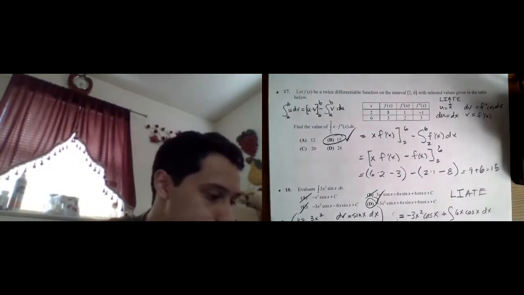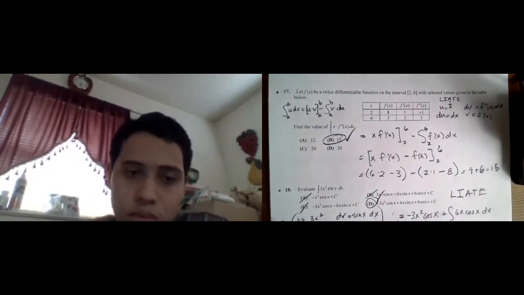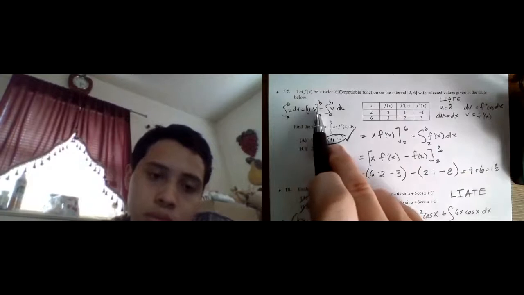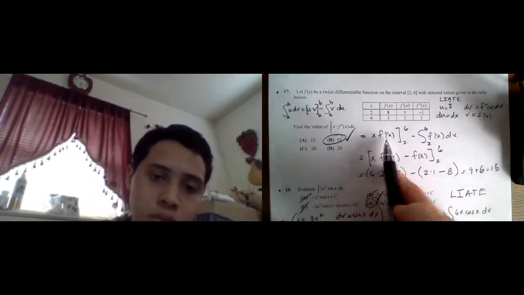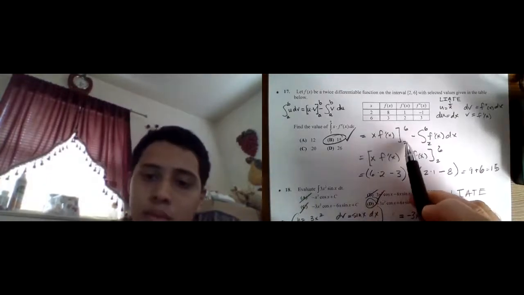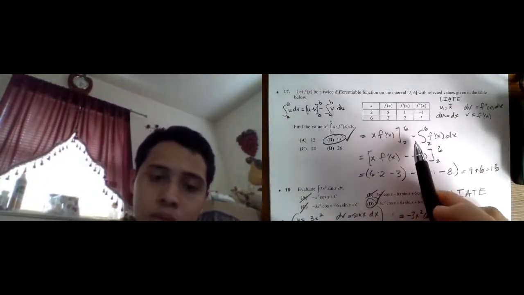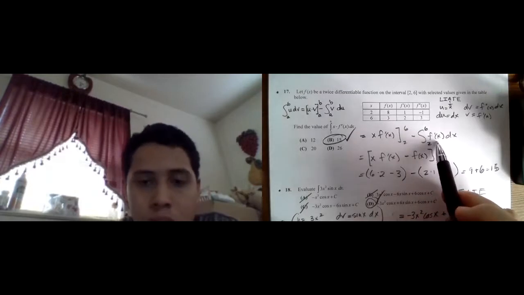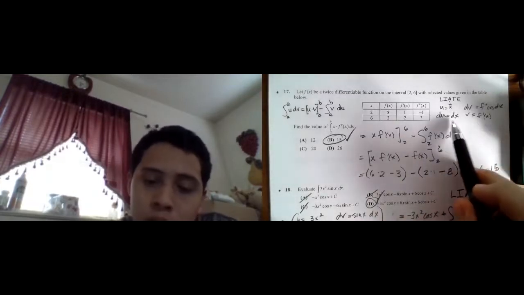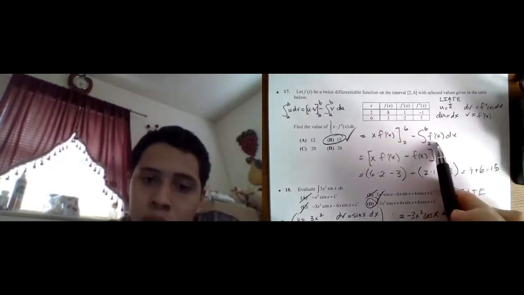And that's the situation we have here. We have a definite integral. So u is our x. So u times v is x times f prime of x, evaluated on the interval from 2 to 6, minus the integral from 2 to 6 of v du. v is f prime of x, du is dx.